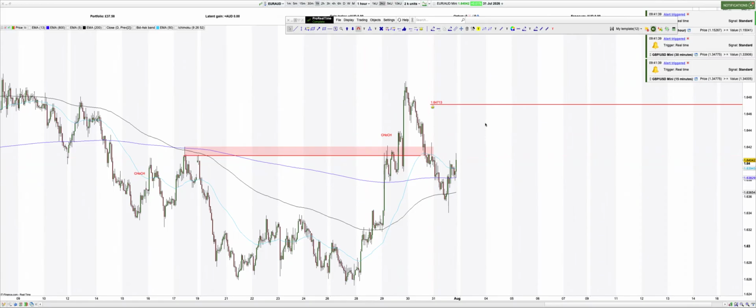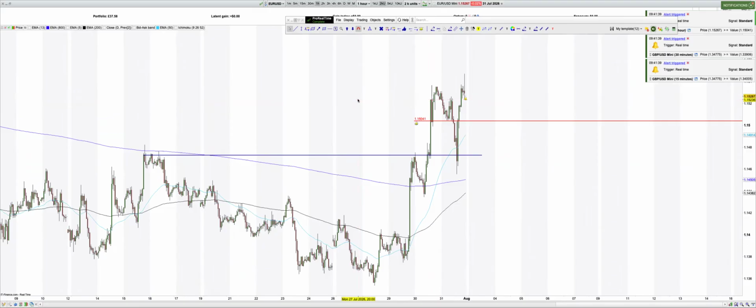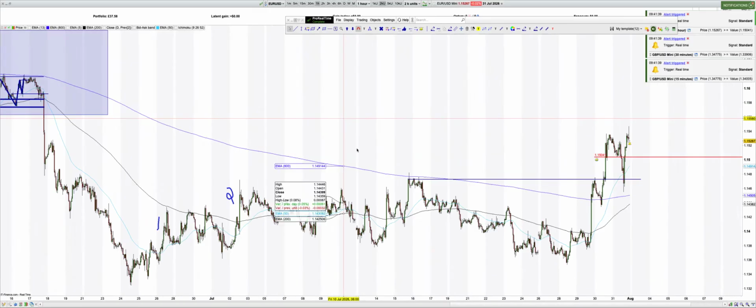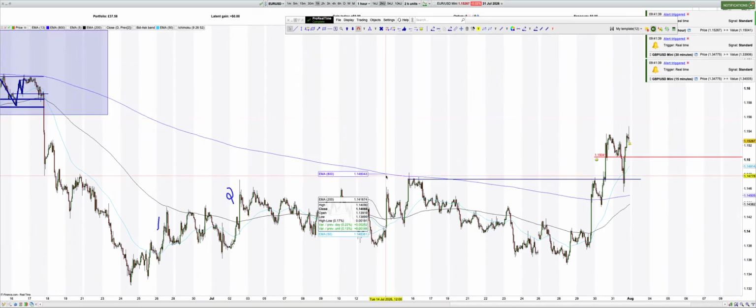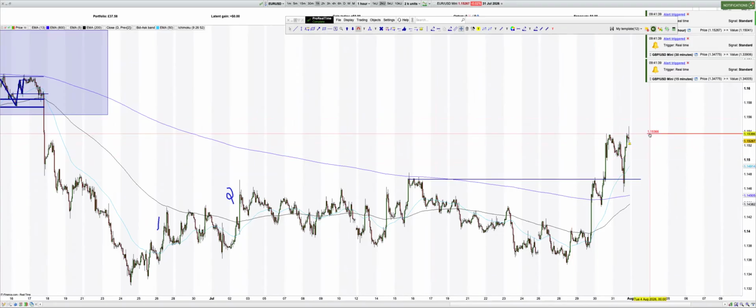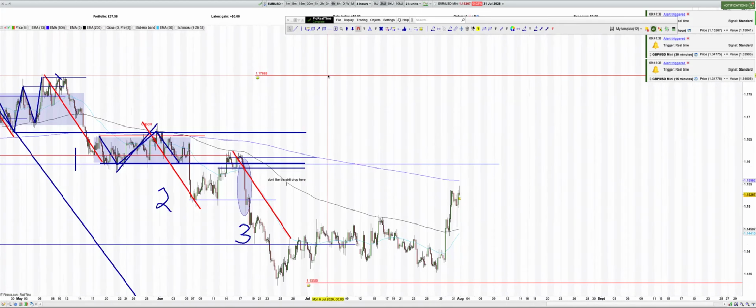Moving on. Right, the big boys, Euro USD, doing really nice things here. Now, you have to believe what your eyes have in front of you. We do have some sort of a structure here of a W. One, two, three.